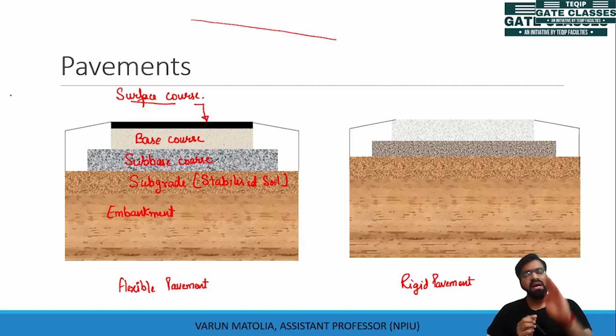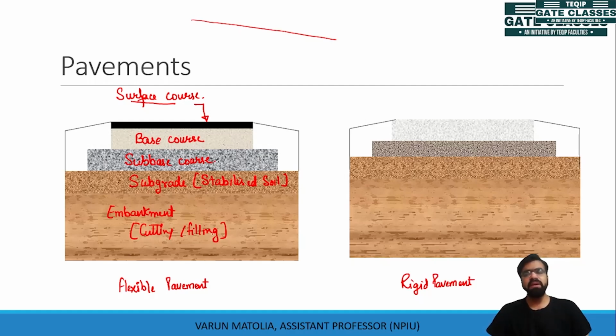We don't have undulations. So if undulations are present, to make a smoother slope, we have to make cuts or fills. The cutting of undulations and filling of the depressions is a process which is used to make an embankment. So this embankment is actually the cutting and filling process of the area.